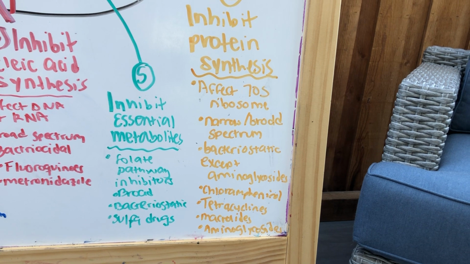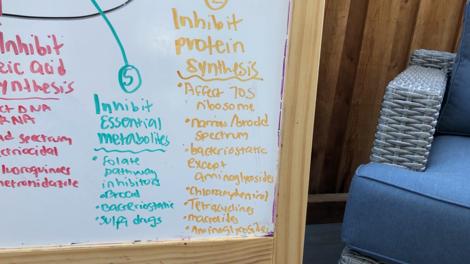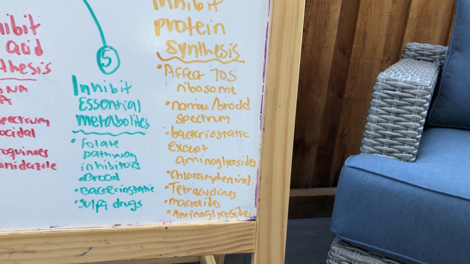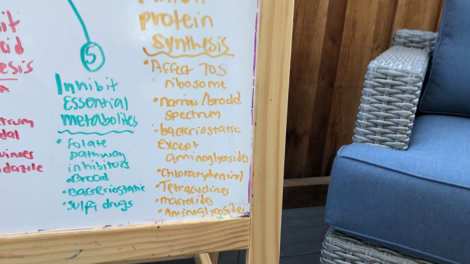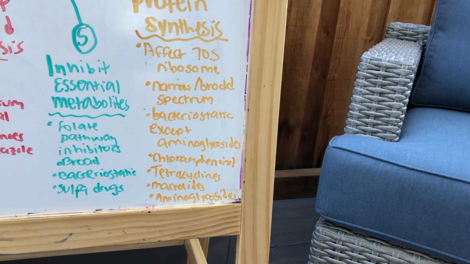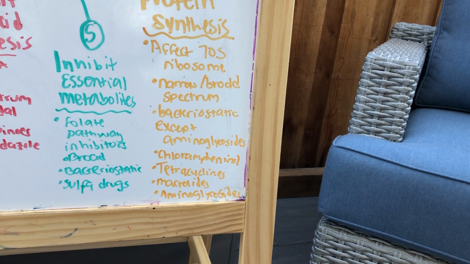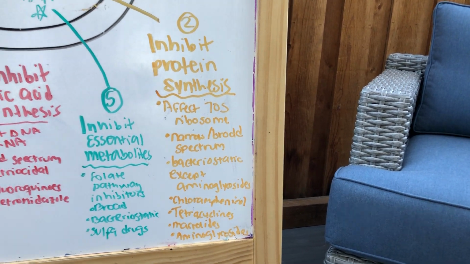All of the drugs in the inhibit protein synthesis class are bacteriostatic, except aminoglycosides, which are bactericidal. So these ones do actually kill the bacteria, but the majority of them are bacteriostatic. Examples of these are chloramphenicol, tetracyclines, macrolides, and aminoglycosides such as streptomycin. Those are drugs that inhibit protein synthesis.